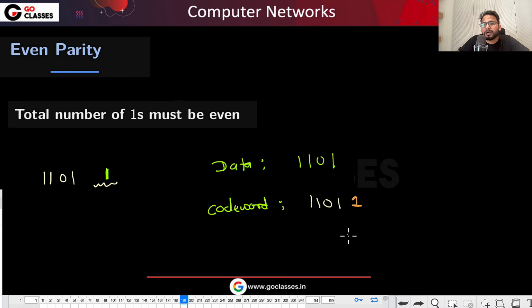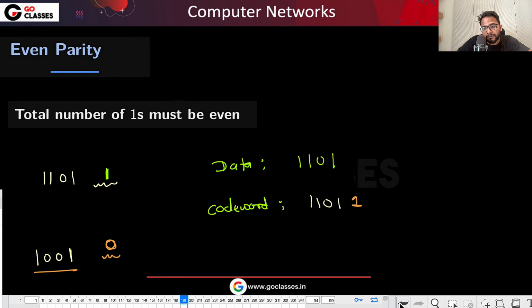Very simple idea. How it helps us, I will let you know. But I hope what we do is clear: we just add one bit depending on the number of ones in the original data. For example, if you have 1001 as the data, the number of ones is already even, so you will not add one.